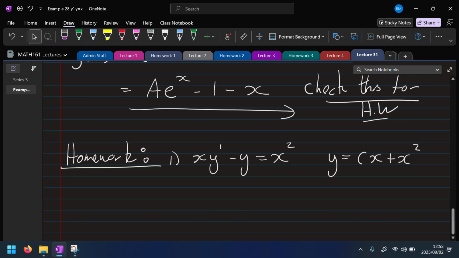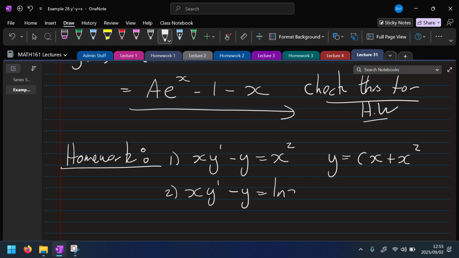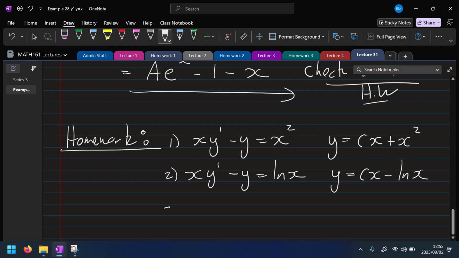Then number 2, x y prime minus y is equal to the natural log of x. You should get y equals cx minus the natural log of x. I'll give you a hint for that one in a bit. And then number 3, y double prime minus y is equal to x.